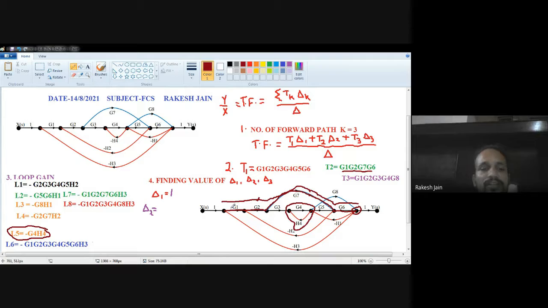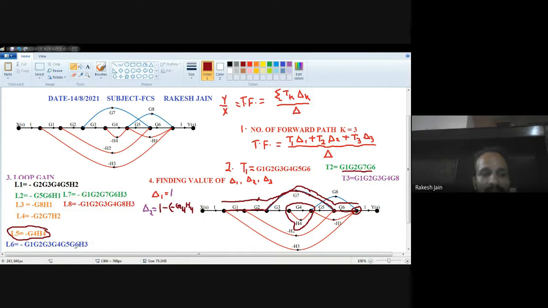So it is not touching. So I have to write down 1 minus the sum of all the non-touching loops. So the first non-touching loop is minus G4H4.